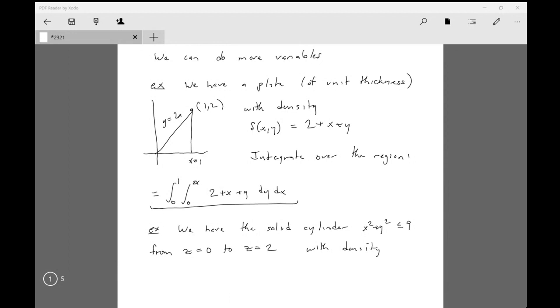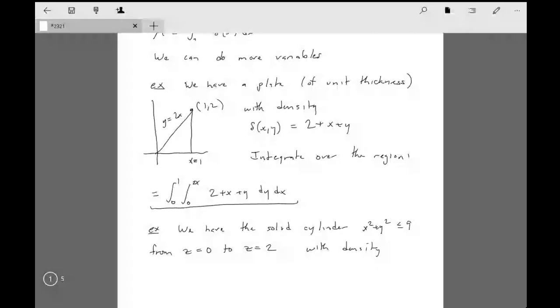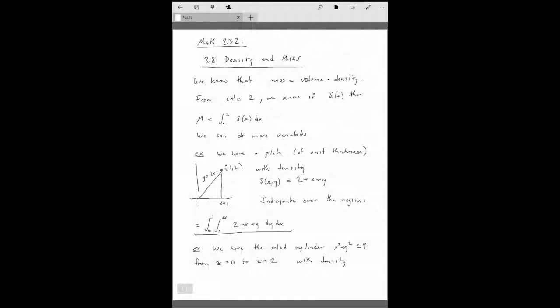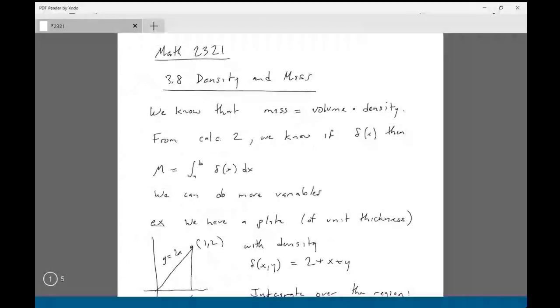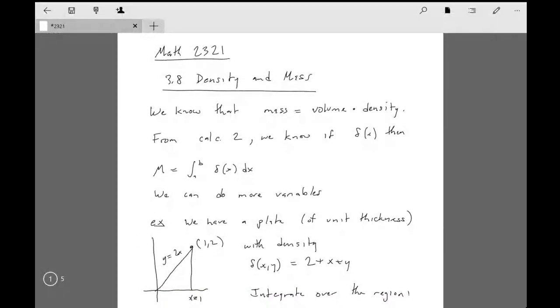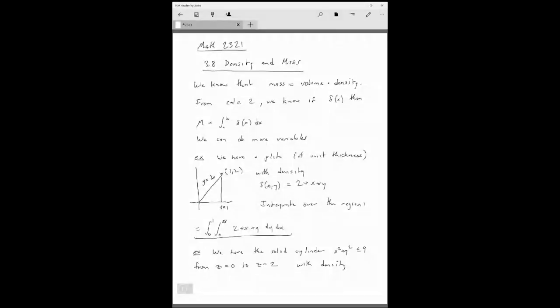Let me try not to sign out as I rotate. It's not rotating. There it goes.